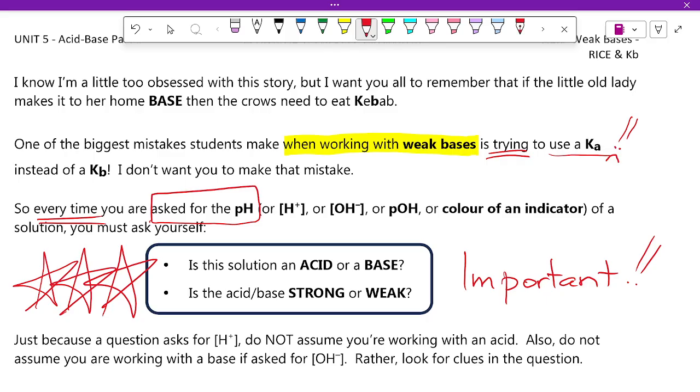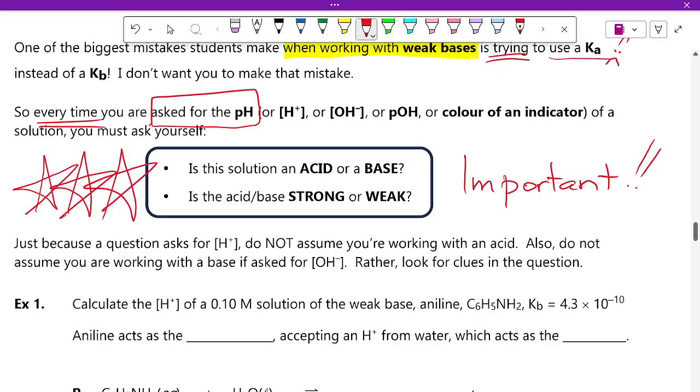Strong, stoichiometry. If it's weak, use rice, and whichever K is appropriate.